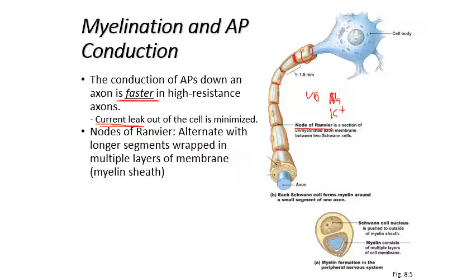But in this case, we're only finding these channels in the unmyelinated region, in the nodes of Ranvier. You won't be finding voltage-gated sodium and potassium channels in the axon underneath the myelin. They will only be found in the unmyelinated areas.